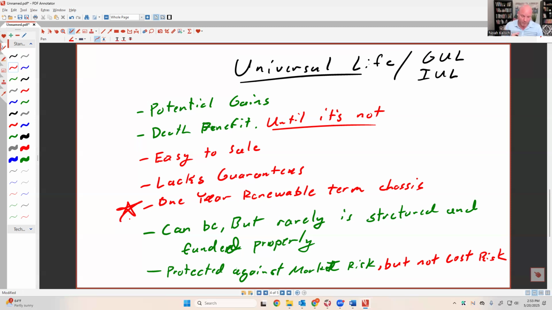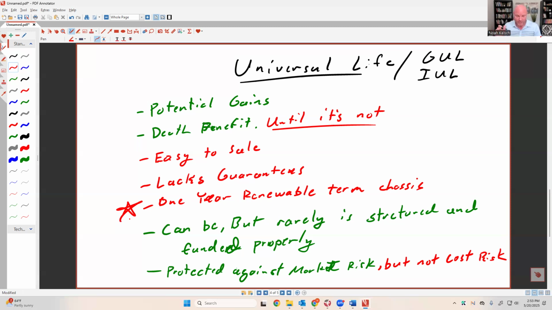All right, universal life policies lack guarantees. You will not get a guarantee that that policy will last you your lifetime. It is not considered permanent coverage. It's considered a universal life policy, not a permanent policy. And that's because there's a high probability that that thing is going to eat itself alive before you pass away.